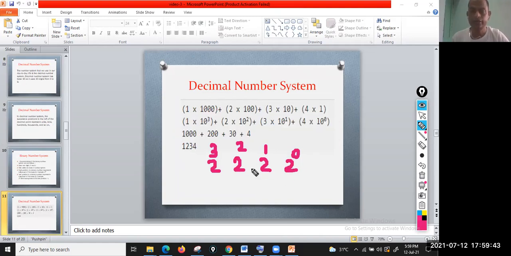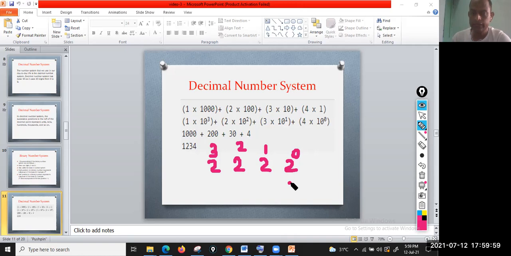For the decimal number, we write the base as 10 to the power 0, 10 to the power 1, 2, 3. For the binary number, we write 2 to the power 0, 1, 2, 3.